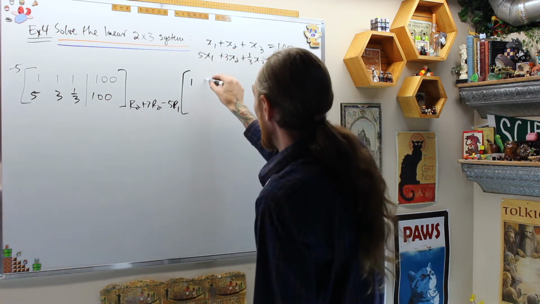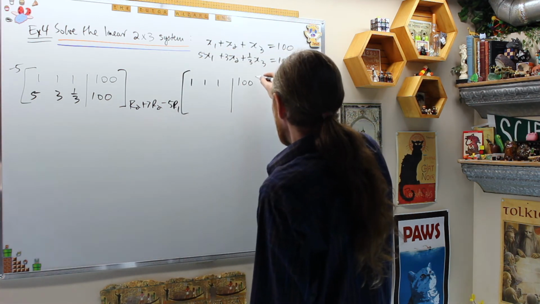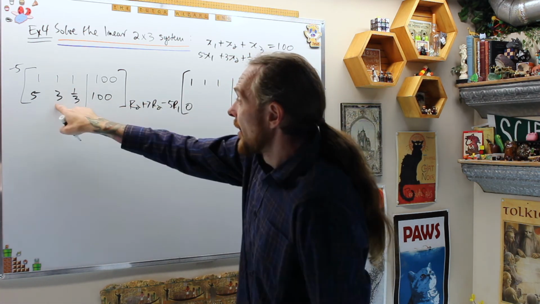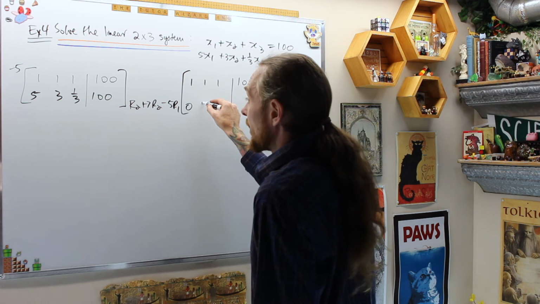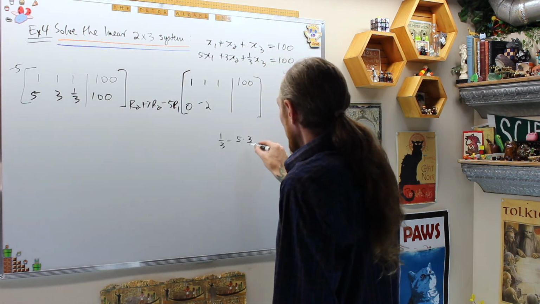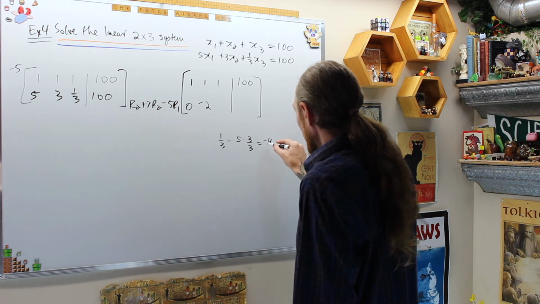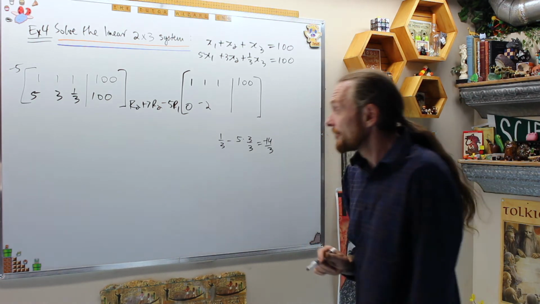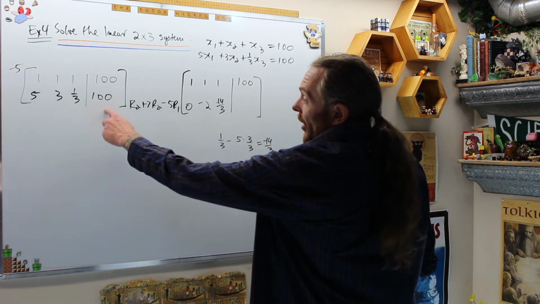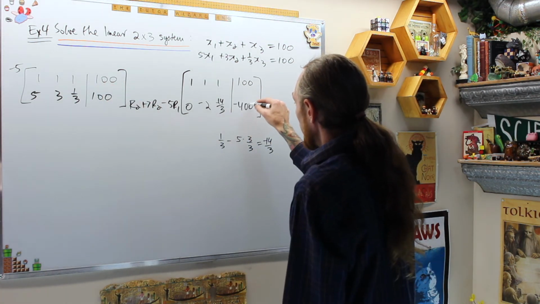And that will give me 1, 1, 1, 100. And we're going to get 5 minus 5 is 0. 3 minus 5 is negative 2. And 1/3 minus 5, negative 15 over 3, is going to be negative 14 over 3. And then 100 minus 500 is negative 400.